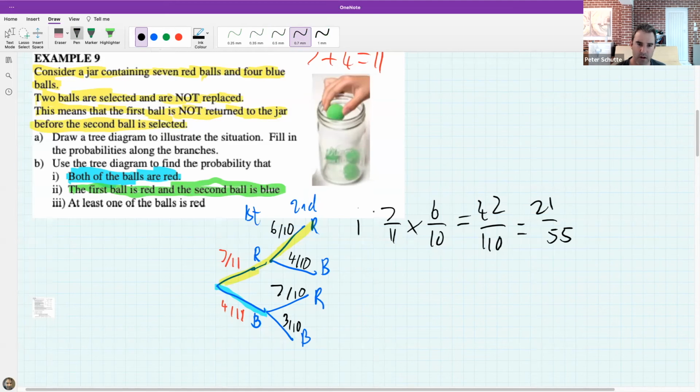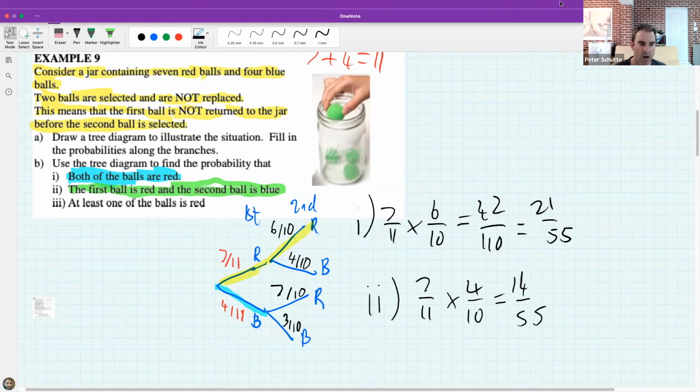So that was for I. First ball is red, second ball is blue. It's just going to be 7 over 11 times 4 over 10, which is 14 over 55. Okay, I like what I'm seeing in the chat, Tato. I like what I'm seeing, Owami. 14 over 55 looks good to me.